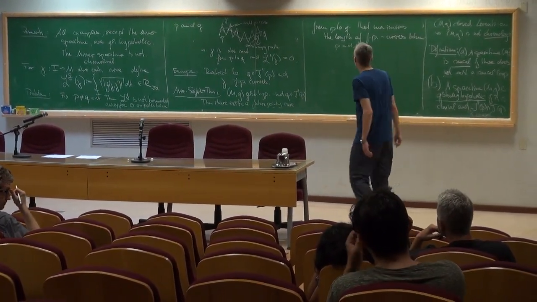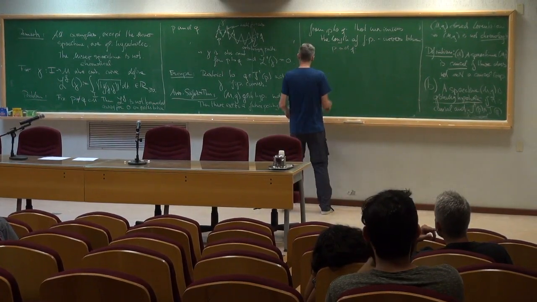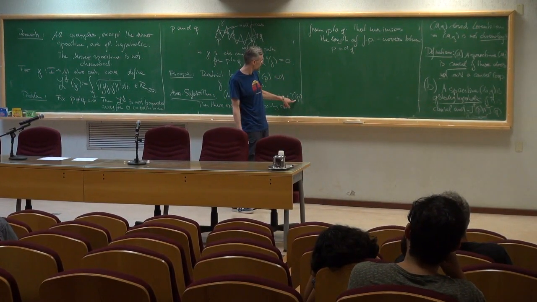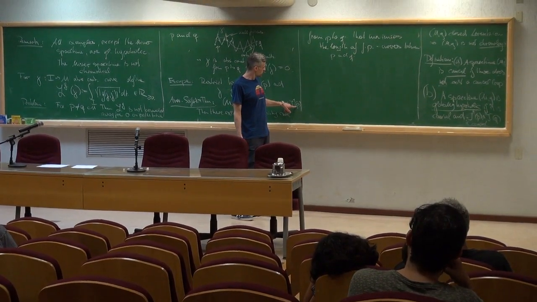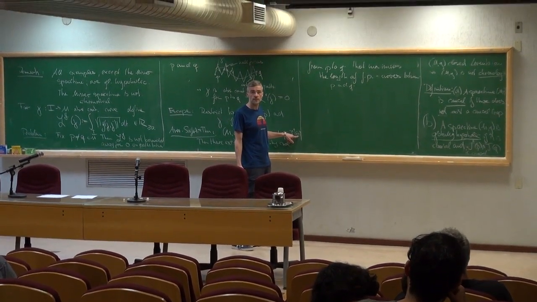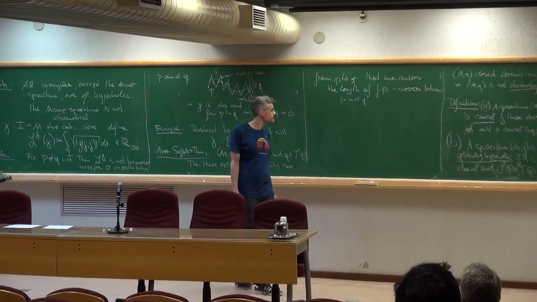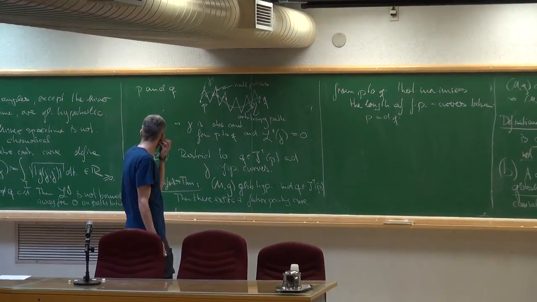Right, J plus is simply that set of points which are reachable from P by a future pointing path.